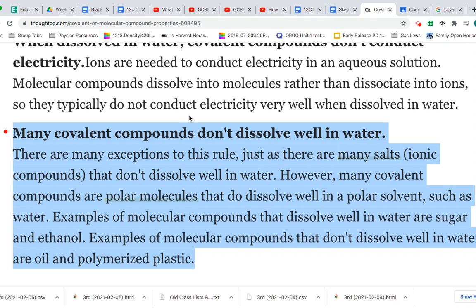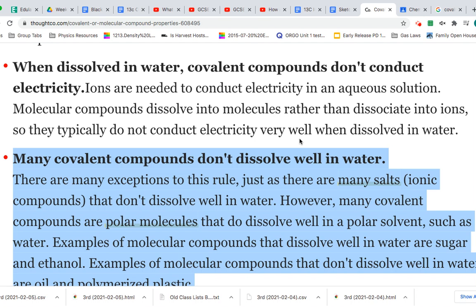So maybe you draw water with some chunks in it, things that are not dissolving, they are not disappearing. Do they dissolve well in water? No, but when they do, they don't conduct electricity.